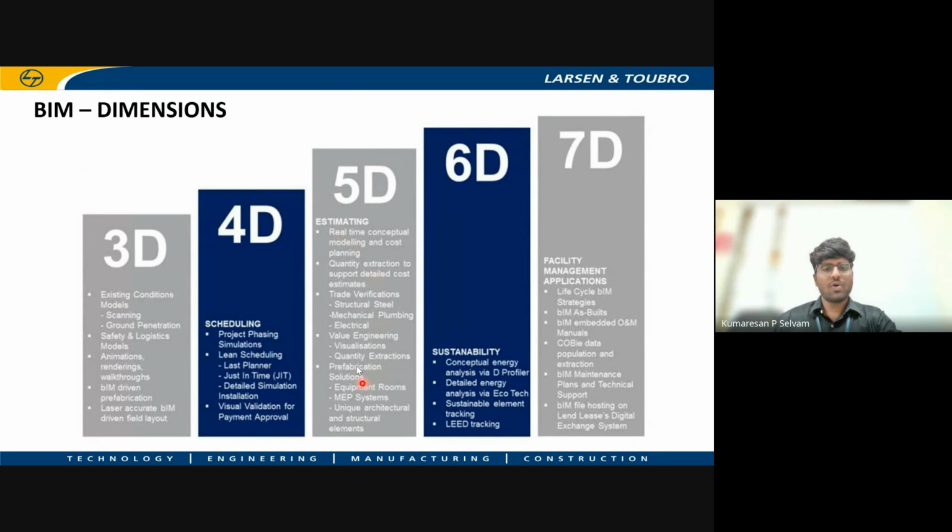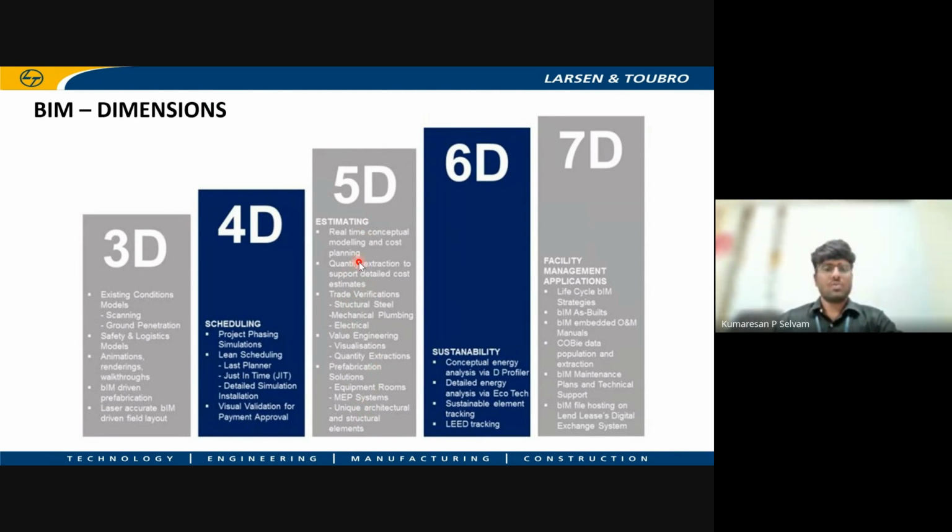And 5D is for cost estimation, like estimating the quantities and then estimating the cost, real time conceptual modeling, like all the cost estimates of mechanical, civil, electrical, and MEP systems, everything will come under 5D BIM.